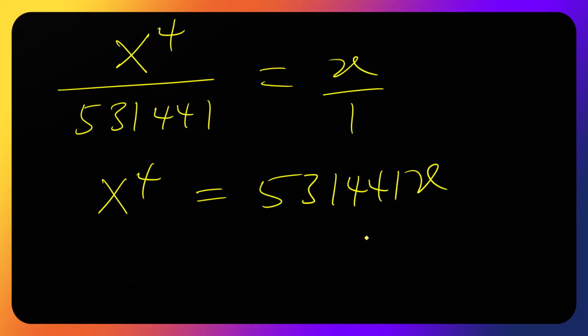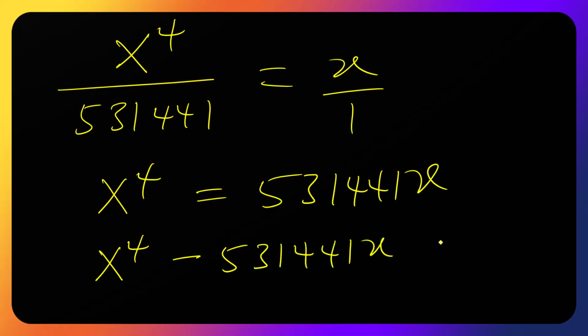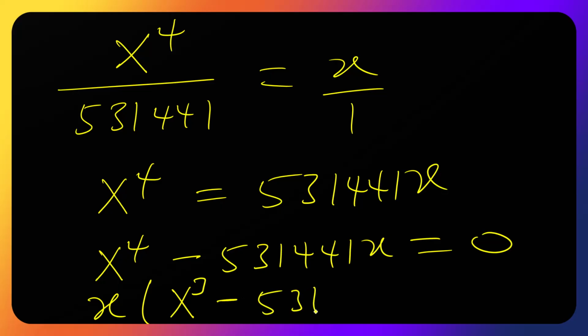So from here, x to the power of 4 minus 531,441x equals 0. If I take x out, this side will be x cubed minus 531,441 equals 0.